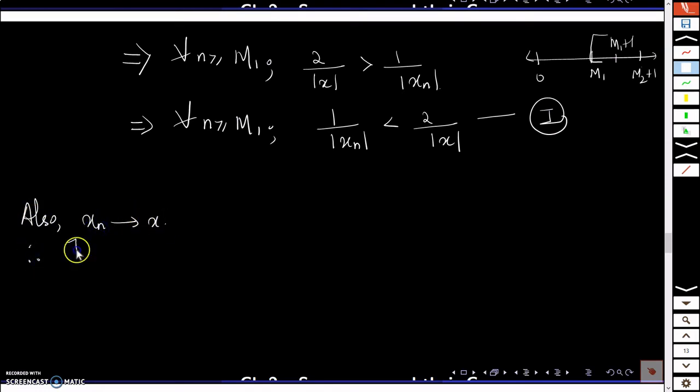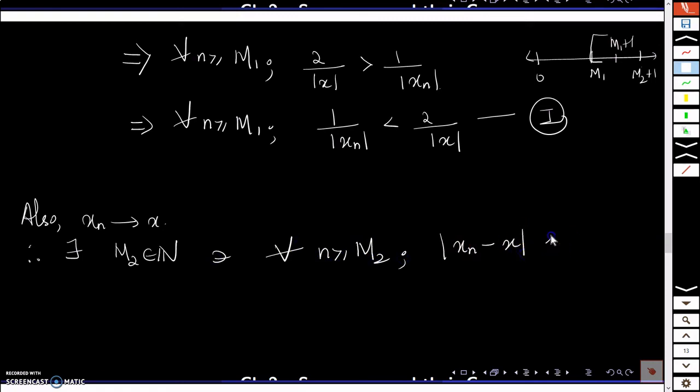Therefore, there exists a natural number, let me call it m2, such that for all natural numbers bigger than or equal to m2, xn minus x can be made as small as we like. For any epsilon, I can make this less than epsilon. I may have to change this again, so let me put that in red to be on the safer side. This condition I will mark as Roman number 2.